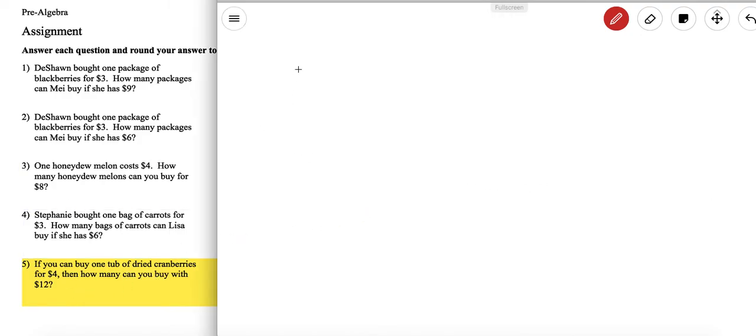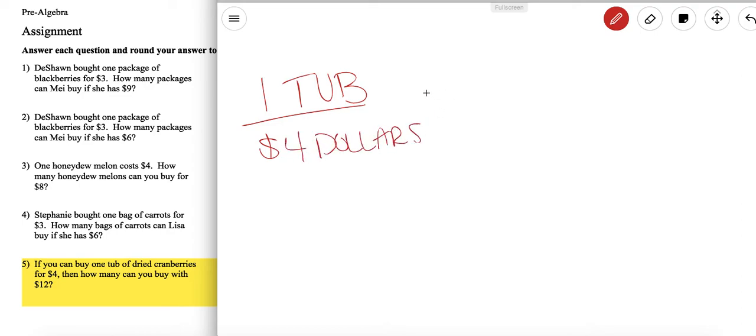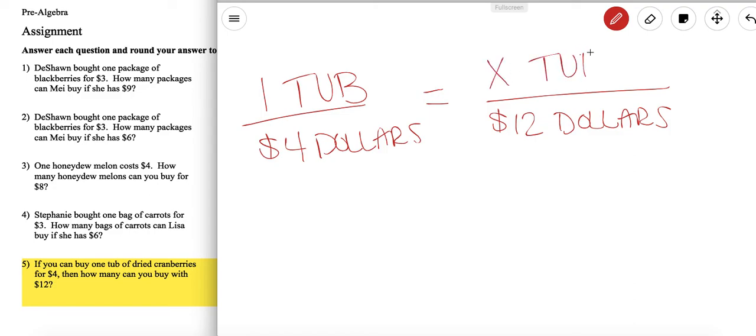So let's do this problem. 1 tub for $4 equal to, how many can you buy with $12? So we're given $12. I need to put it on the bottom because I already put my dollars on the bottom here. And I don't know how many tubs, so I write x tubs.